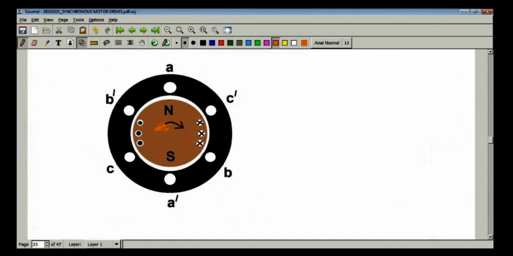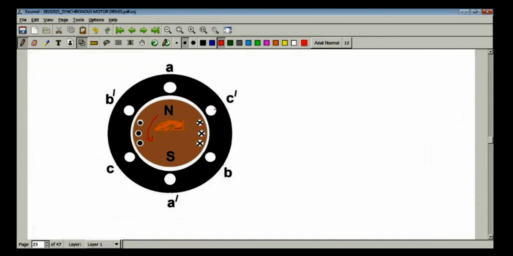In your textbook mostly they show anti-clockwise direction, so here, where it was shown clockwise, I am making it anti-clockwise. This is the direction of rotation of the rotor, anti-clockwise.